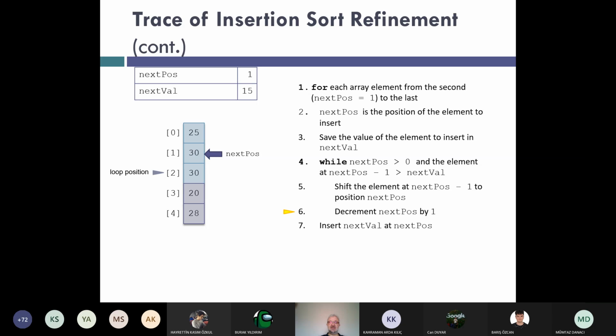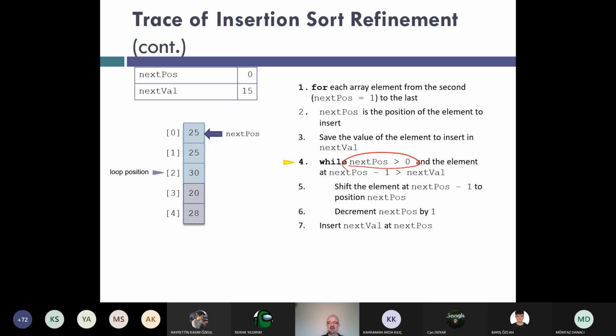Next pos is still greater than 0, and still this 25 is larger than 15. So we will perform one more shift operation and decrement next pos. Right now, next pos is 0, so we get out of the loop because of this condition.